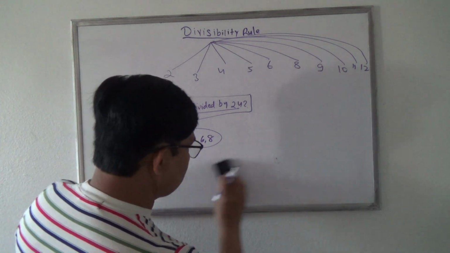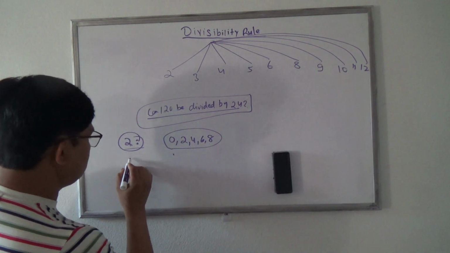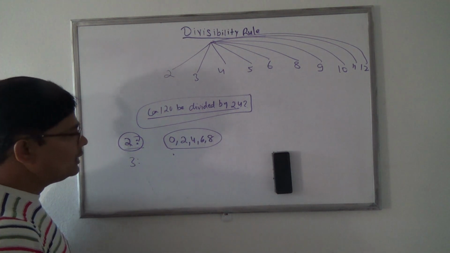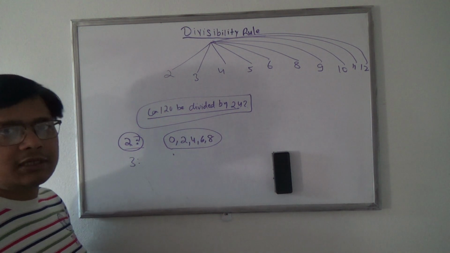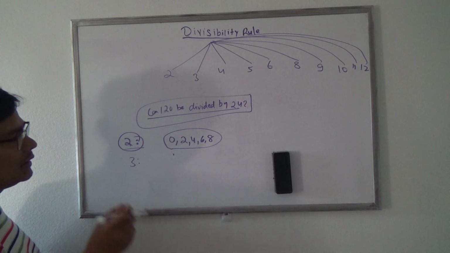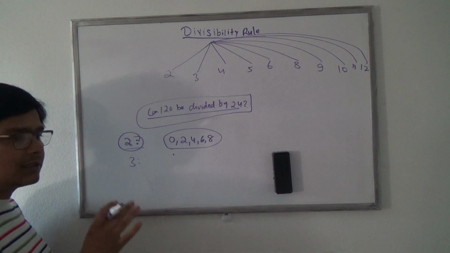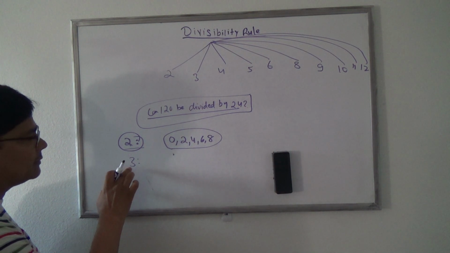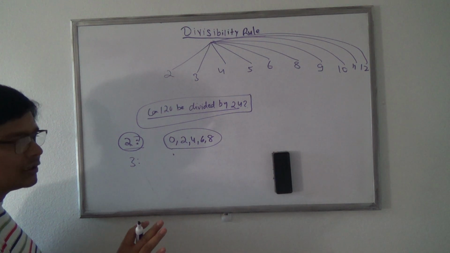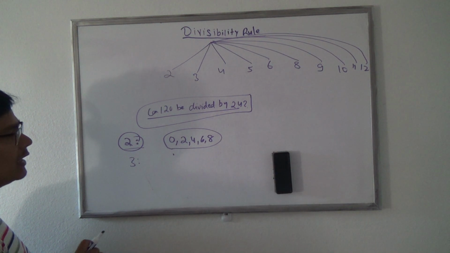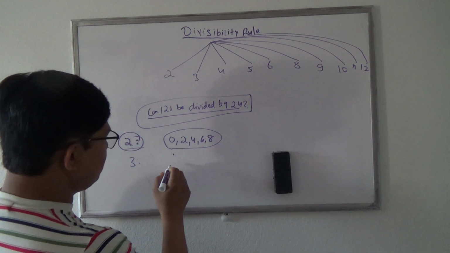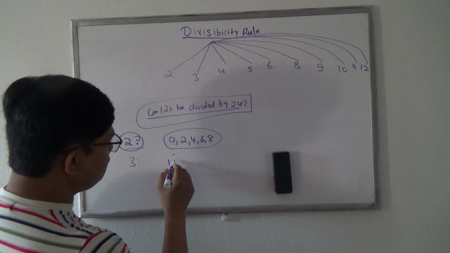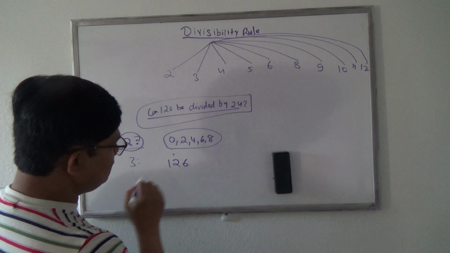Now what about 3? For 3, you have to sum the digits in the given number. If that sum is divisible by 3, then you are sure that number can be divided by 3. Let's say one example, 126.